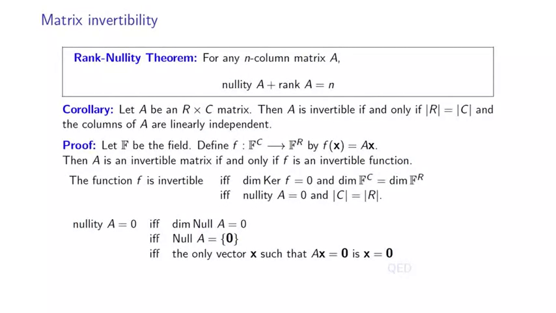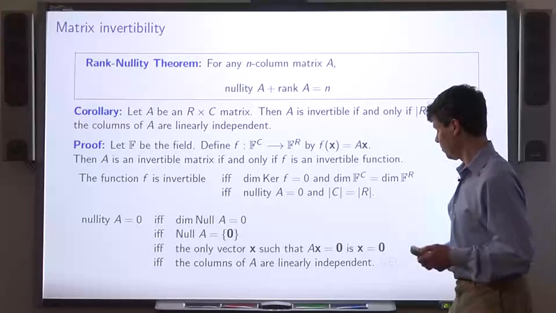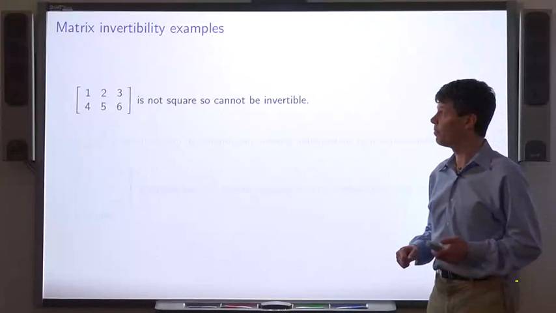That is, if the only vector x such that Ax is the 0 vector is the 0 vector itself. And that's true if and only if the columns of A are linearly independent, by the linear combination definition of matrix-vector multiplication. And that completes the proof.